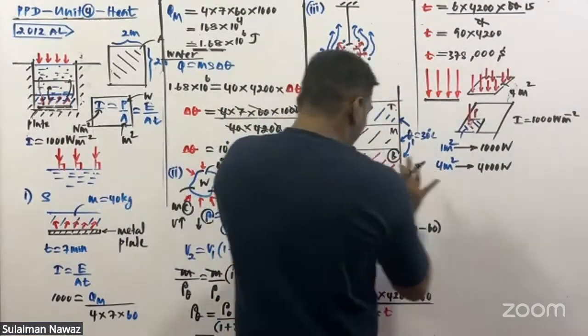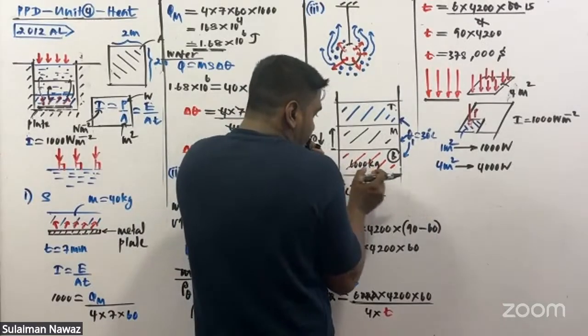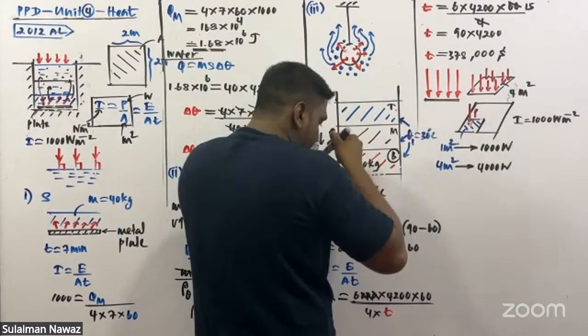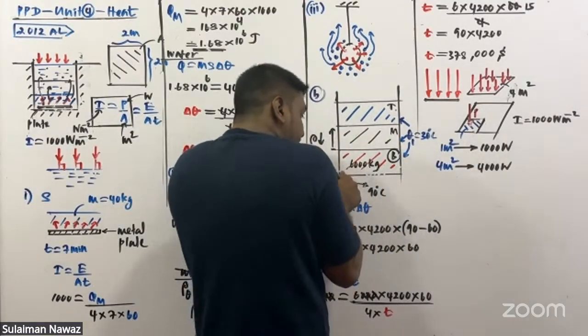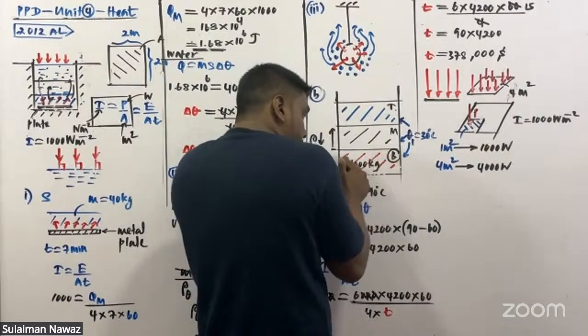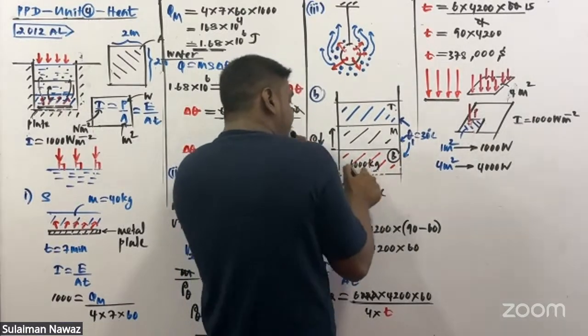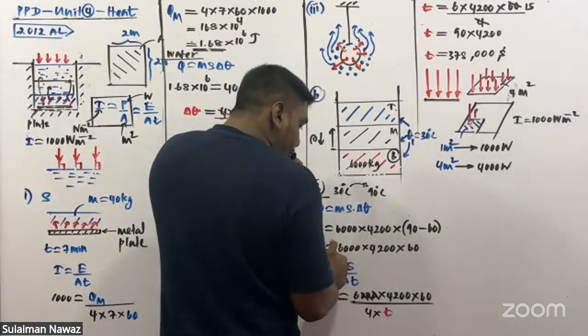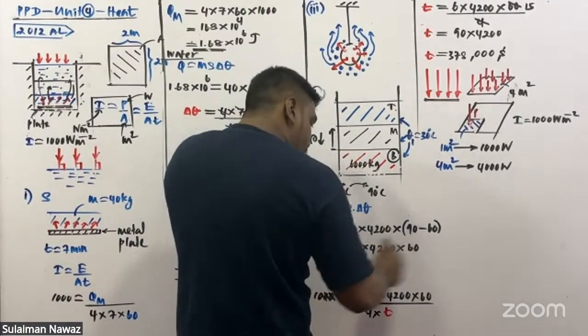Now, who is going to give the heat to the bottom water layer? The metal plate. We found the amount of heat absorbed by the bottom water layer. Who is going to give this much heat?